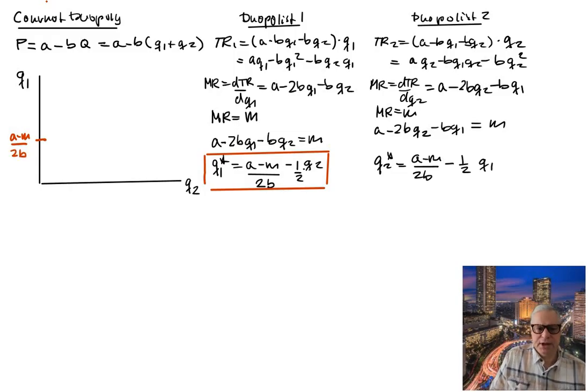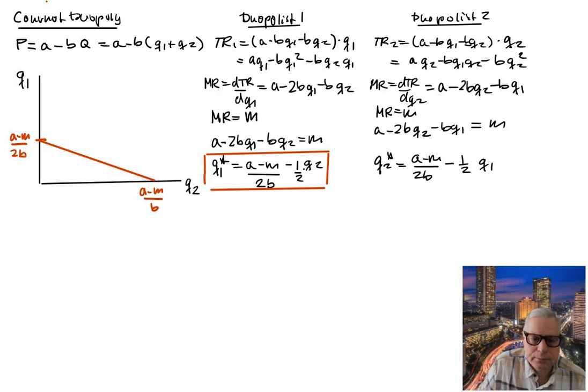The slope is negative 1/2, so it's maybe something like this. That means that the intersection here is twice A minus M over 2B, which is A minus M over B. Okay, so now let's do the response function for the other one, and let's make that in blue.